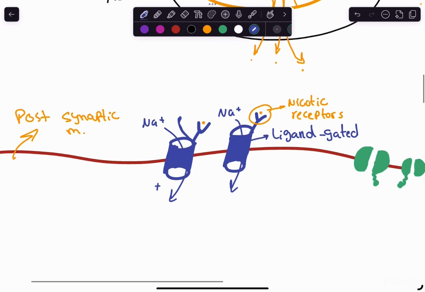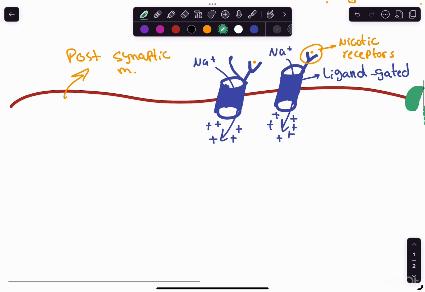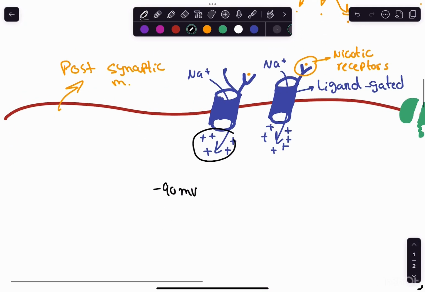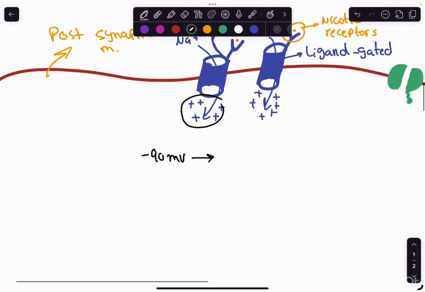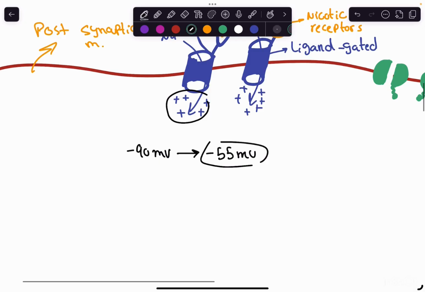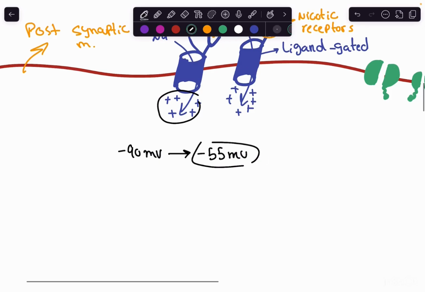Sodium ions are positive and they bring a positive wave into the cell. The membrane potential normally here is about negative 90 millivolts. So once we get those positive charges inside the cell, we take it to about negative 55 millivolts, which is the threshold potential. Once we reach negative 55 millivolts, we trigger an action potential.